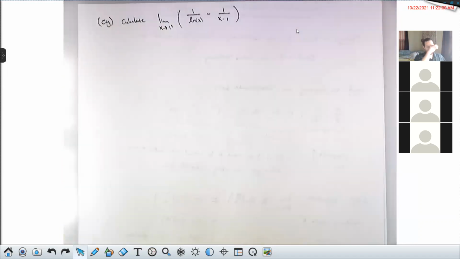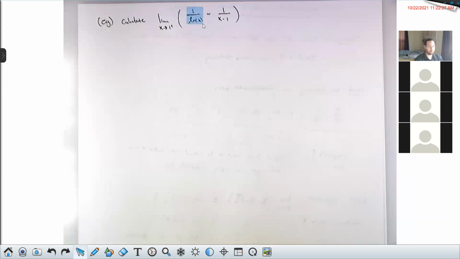It's easy to infer here that this is going to be an indeterminate difference because it's a difference. But if this problem showed up outside of section 4.4, you would want to take a second to think about it. So I want to go through this process to check that this really is going to be infinity minus infinity.